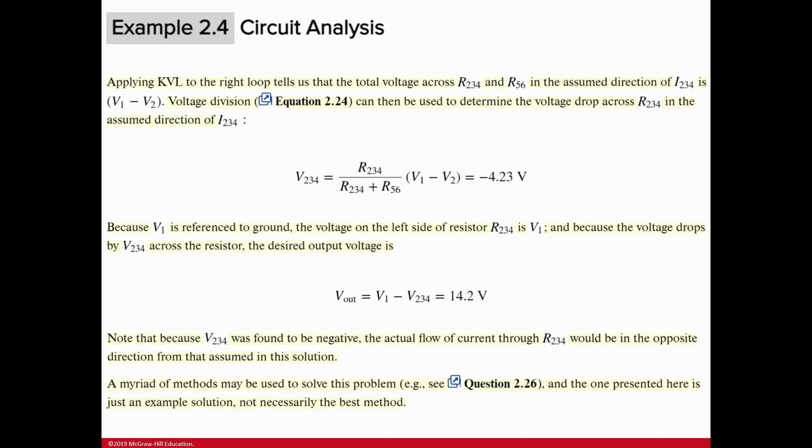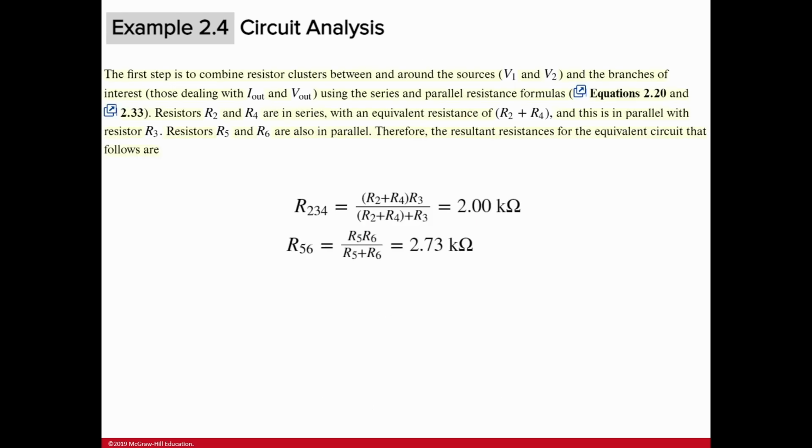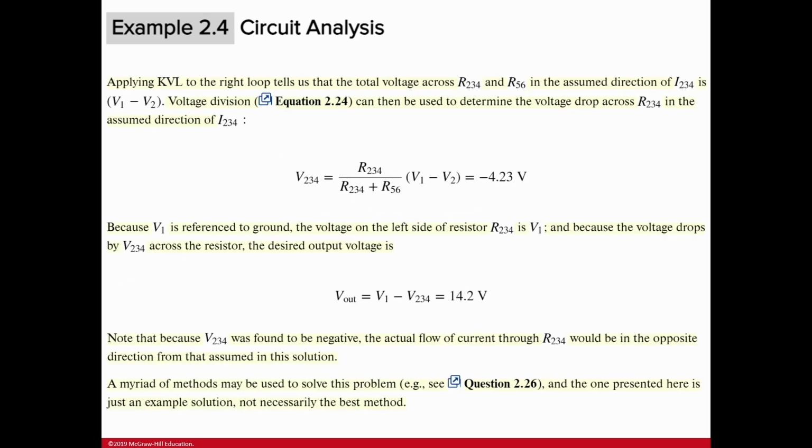So V1 and V2 are available. What's V1? V1 is 10, V2 is 20. So V1 minus V2 is minus 10, and we just put the resistors we calculated before here.